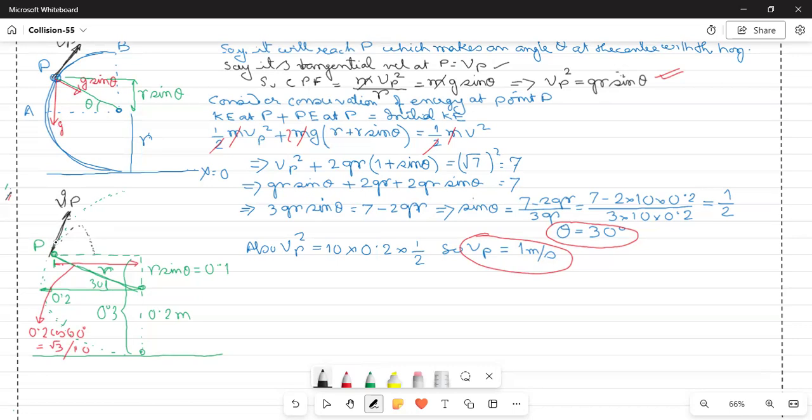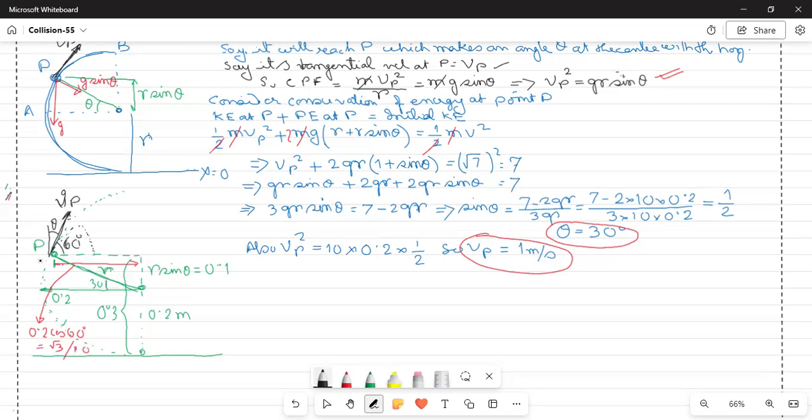Now this projectile has an angle of it. This is 30 degree, then this is 30 degree, and this is 60 degree. So the joint body is just a projectile thrown at an angle of 60 degree with the horizontal with an initial velocity Vp.